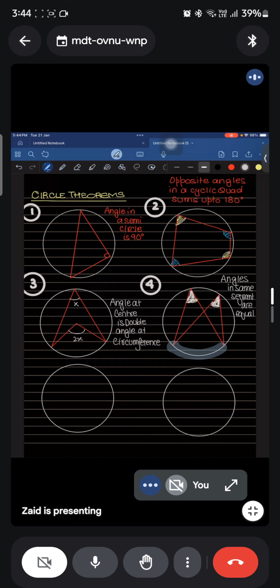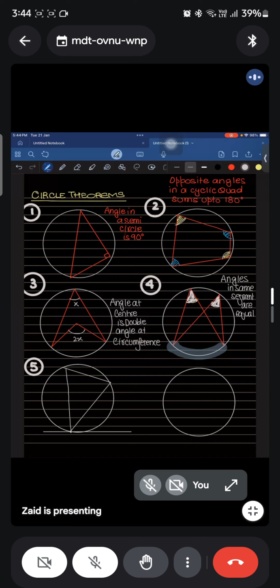Now the fifth one. This one is really very important because most problems arise in this one. The line which touches the circle at one point is called a tangent.